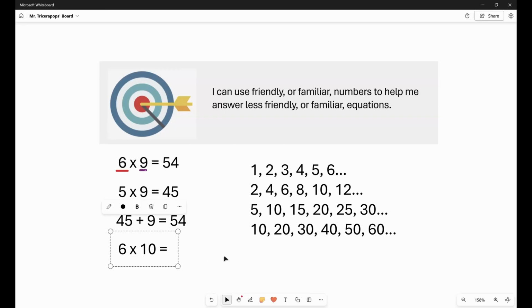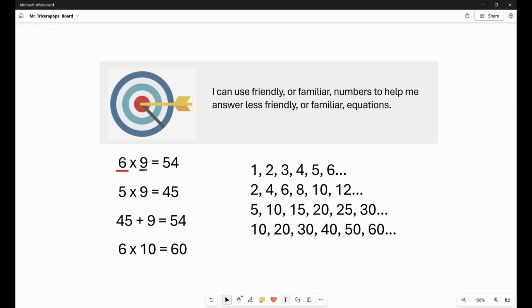I can take that and I can use this, count up, right? 1, 2, 3, 4, 5, 6 tens equals 60. How do I use this to help me solve for this? Well, instead of 10 sixes, I'm going down to 9 groups of 6, right?